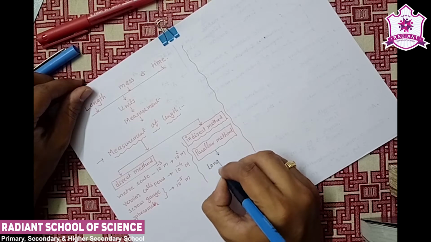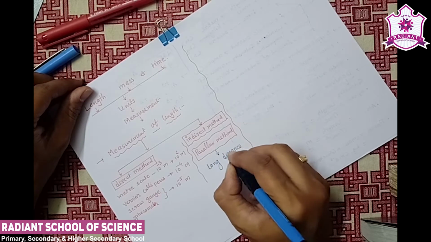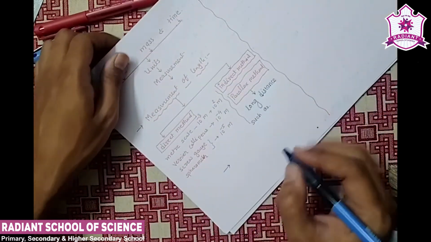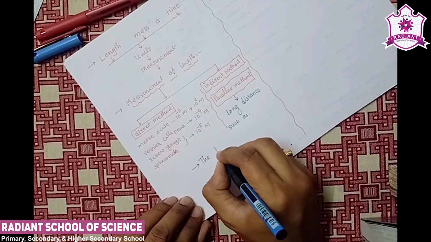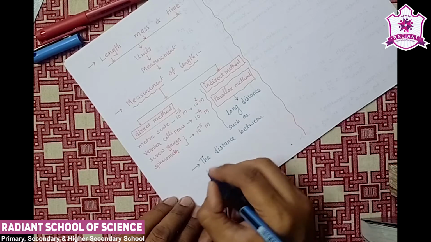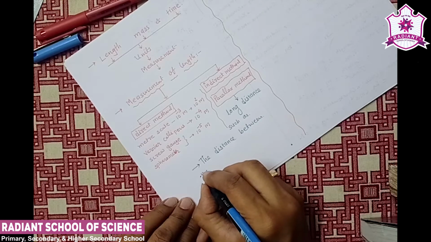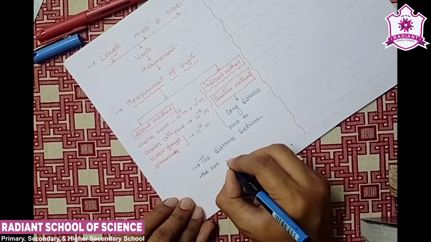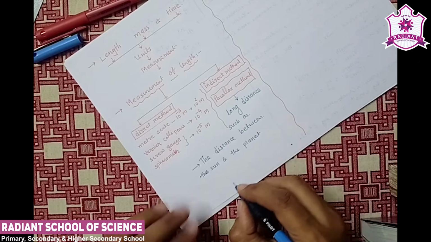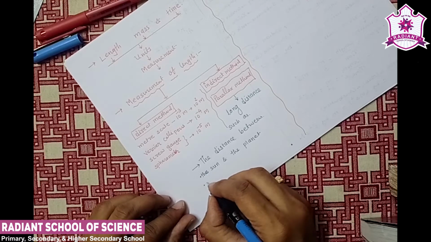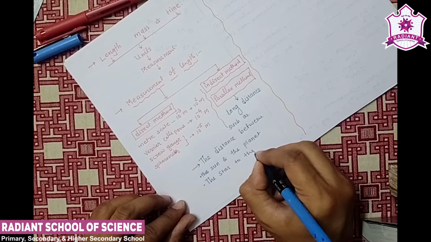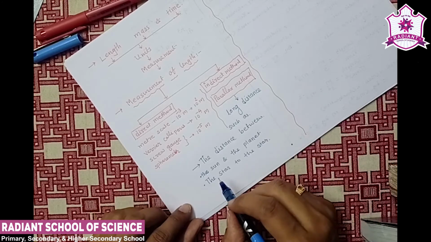It is used for long distances, such as the distance between the Sun and a planet, or from one star to another star.